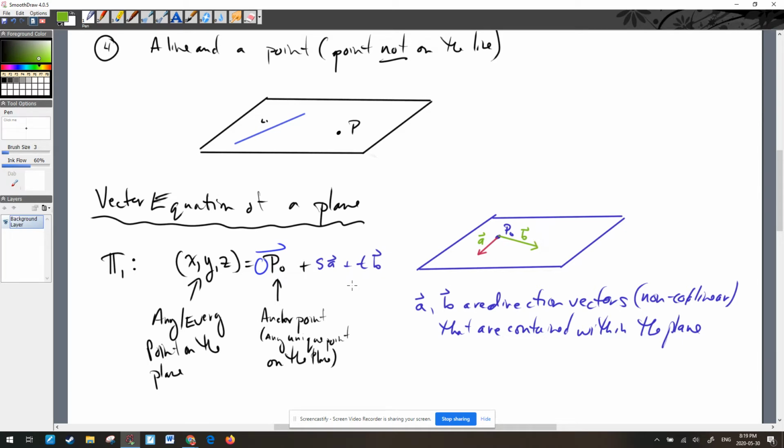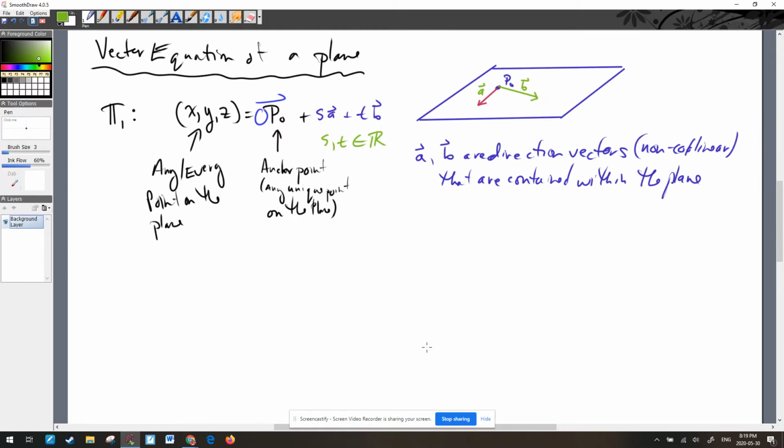Okay, so in this case, obviously, S and T have got to be members of the reals, and A and B are direction vectors. That's a bit of a doozy, right? So that's one way we can define a vector equation of a plane. And remember, similar to when we first did direction vectors of lines in R2, we're going to show you the different ways. So these are all considered a vector equation of a plane.